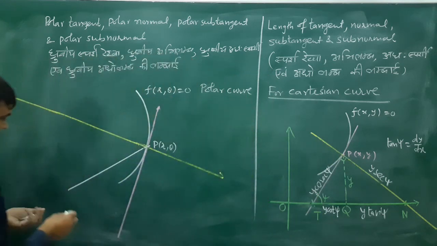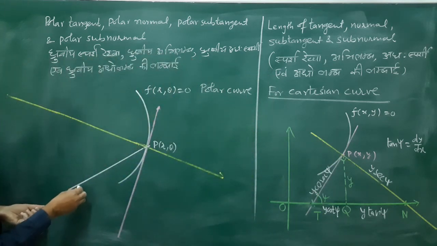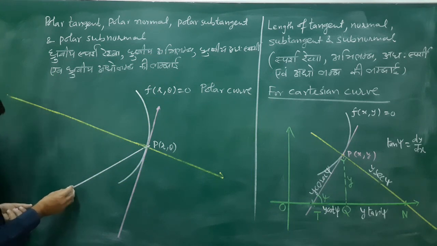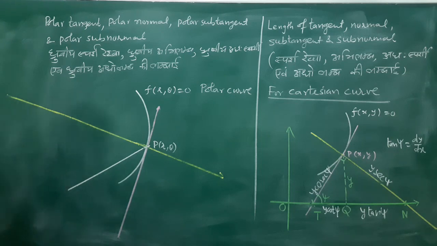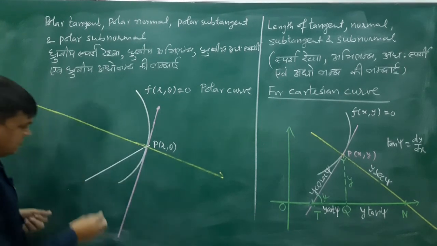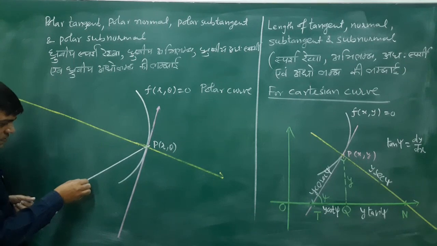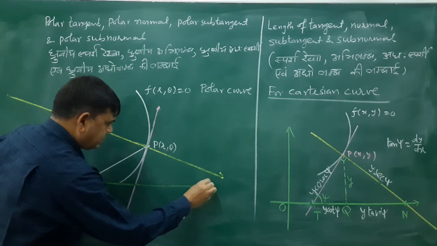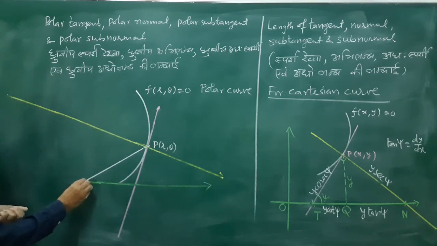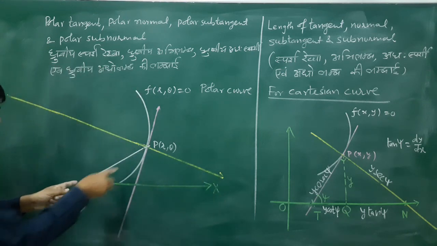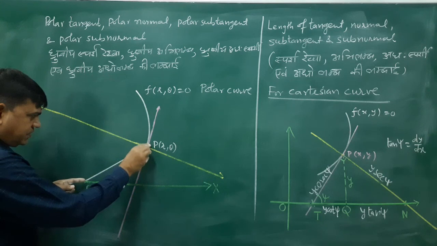Here, suppose this is the initial line, that is O, and here it is X. OP, here it is, this OP.